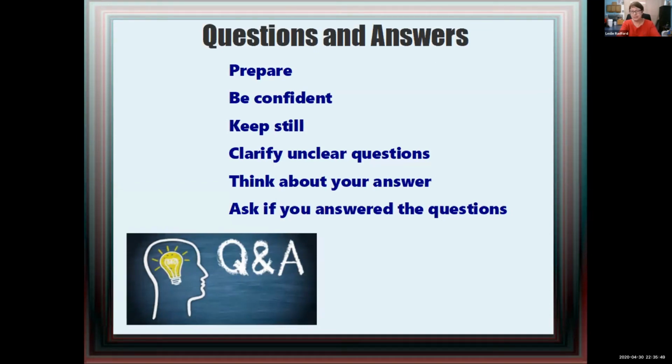Kelly asks a question. You are allowed to stop for a moment and think about the answer. You don't have to just jump out with an answer. It will sound more thoughtful if you take a beat or two to think about the answer.